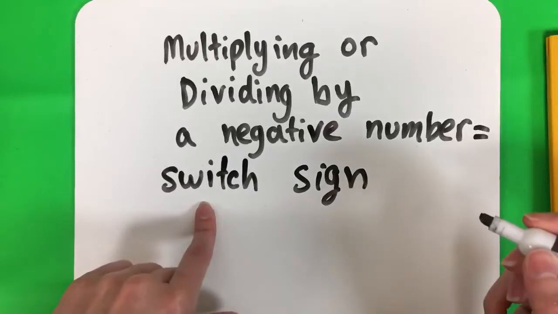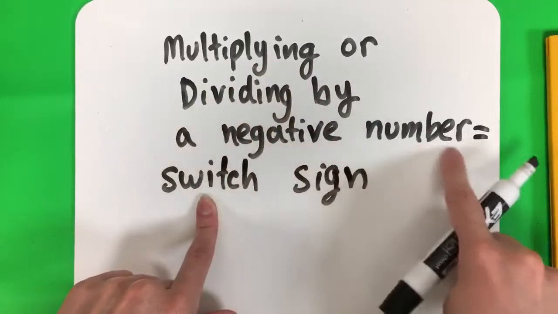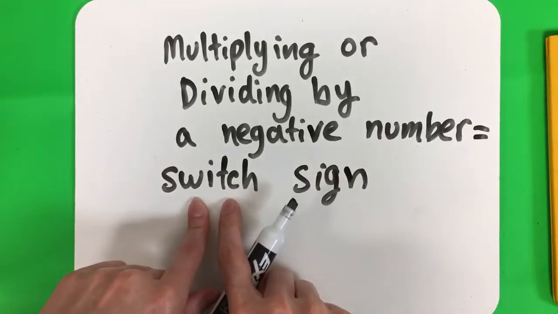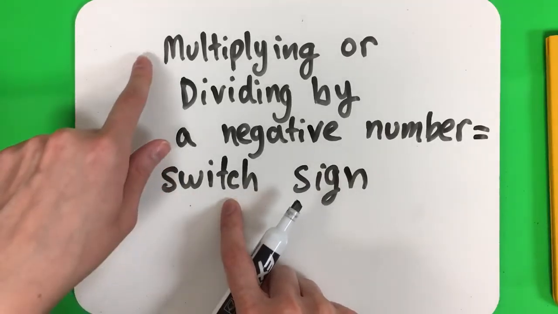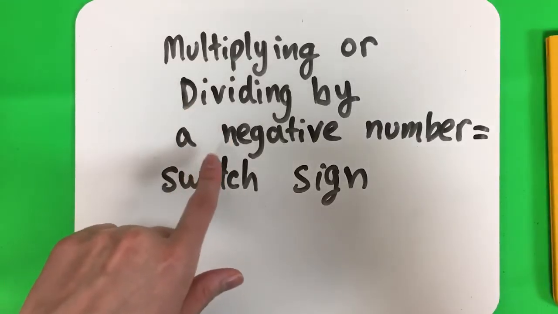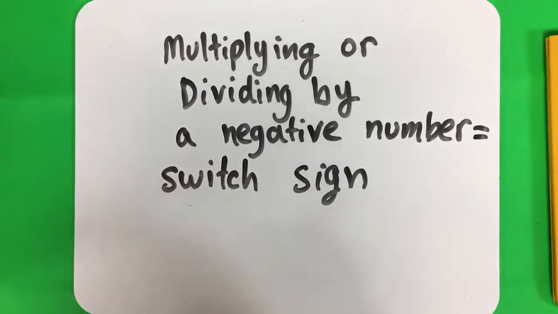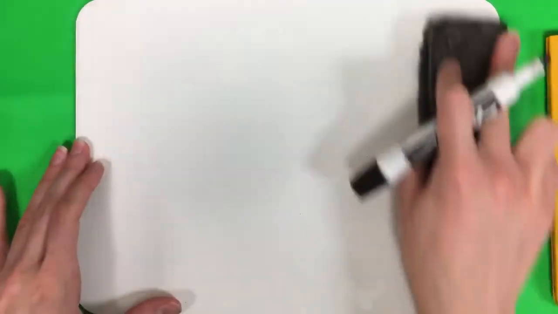Switch, change, cambiar. So when you are multiplying or dividing by a negative number, switch or change the sign. Cuando estás multiplicando o dividiendo por un número negativo, cambia el signo. So I'll talk about that in a minute.